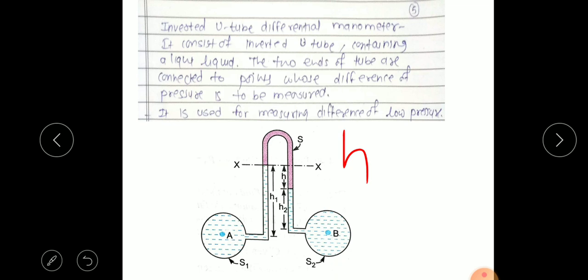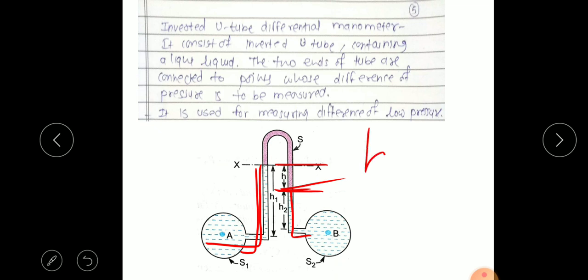Here mercury is not used, sorry. Here the lighter fluid is used, and this fluid is called the manometric fluid in this manometer. So the difference in the manometric fluid levels is H. In the left column the liquid level is below the x-axis line, and H2 for the second fluid is below the level of the manometric fluid.